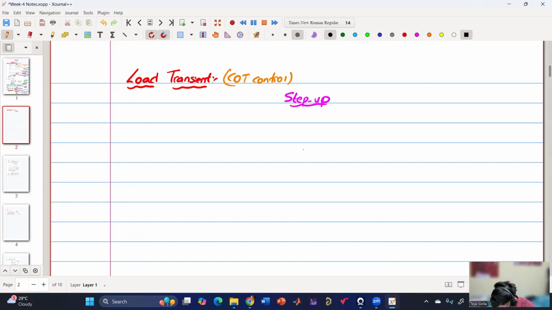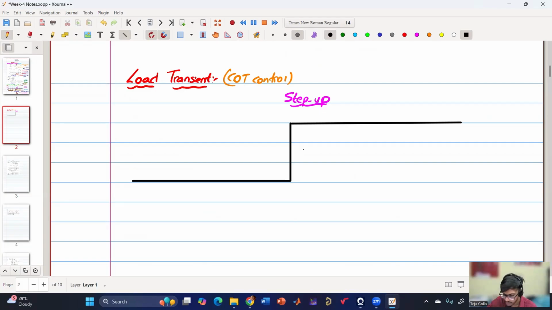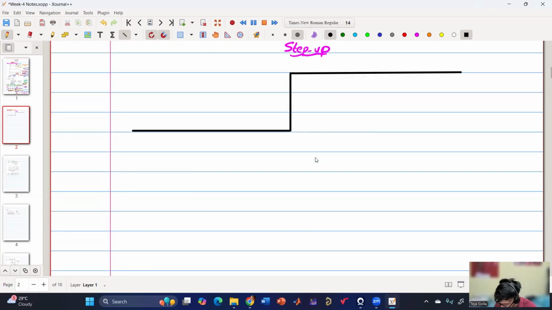So there is a load transient. This is my I naught, and it has gone from I naught 1 to I naught 2. Now we have current, which is having constant on time, and the off time is coming from the loop.